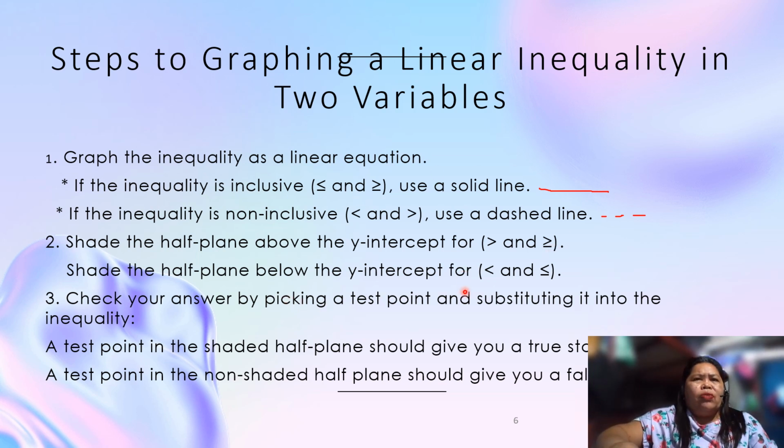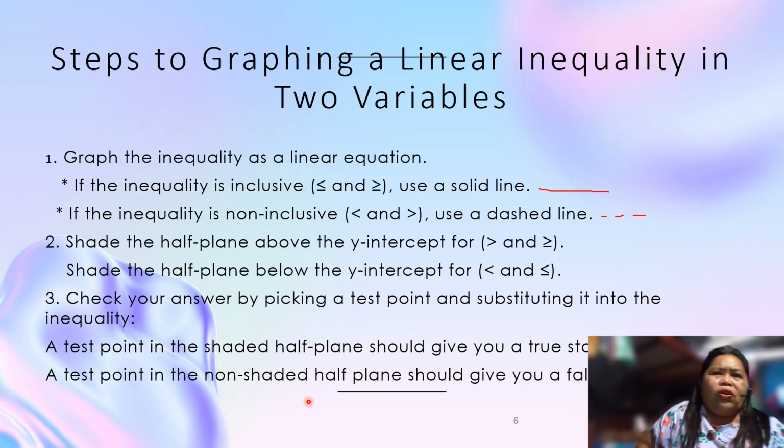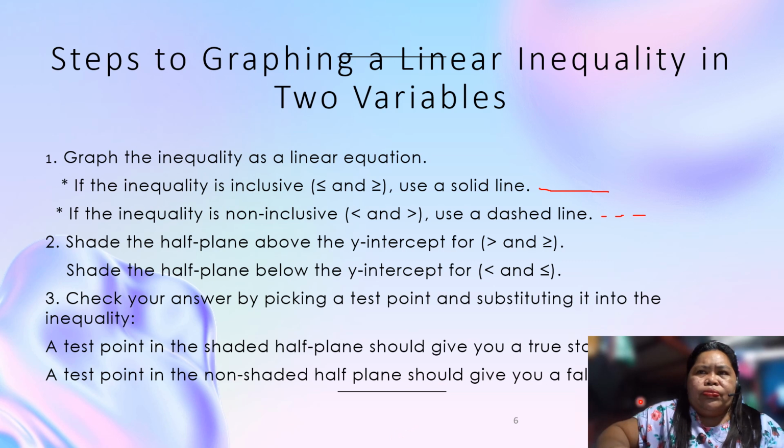If you shade the half plane below the y-intercept, it's less than or less than or equal to. Then check your answer by picking a test point and substituting it into the inequality. Whatever we do in checking an equation is the same thing here with inequalities. Okay, next.